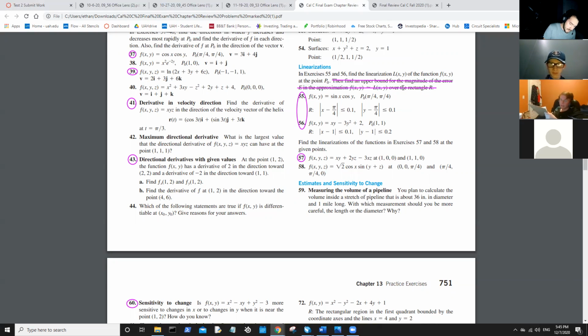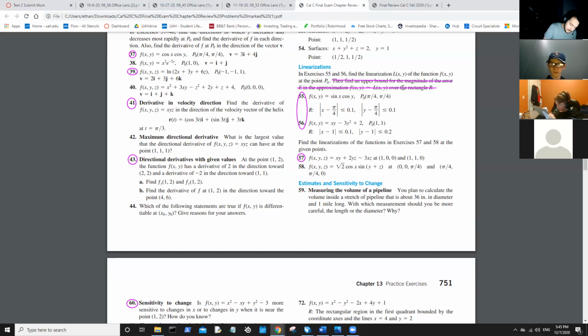So the formula here was L of x, y is equal to the first thing, just the regular f of x, y evaluated at the given point. So it's equal to sine of pi over 4 times cosine of pi over 4 to start. Then it's plus the partial of the function with respect to x evaluated at the point.